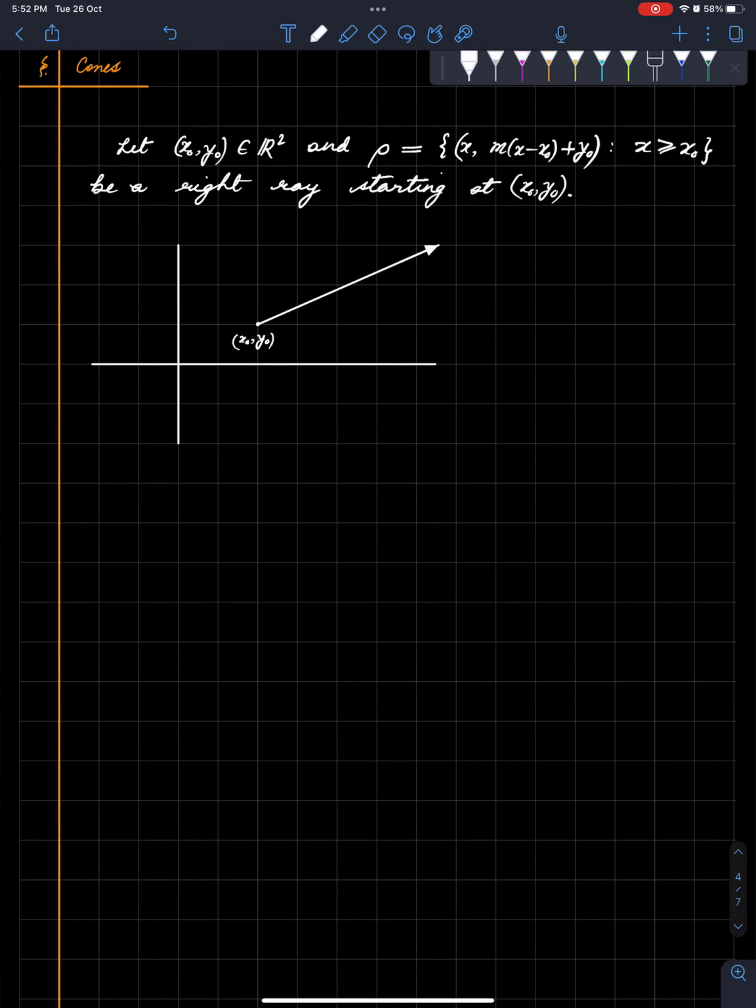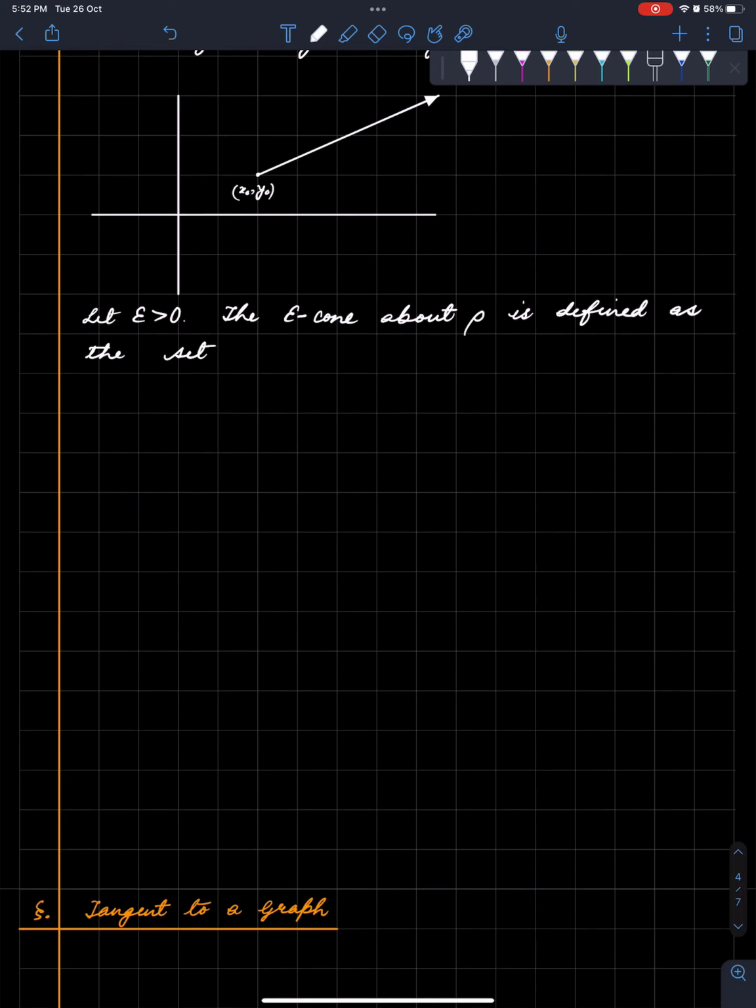So here is the thing. Let epsilon be greater than 0. The epsilon cone about rho is defined as the set C epsilon rho as this.